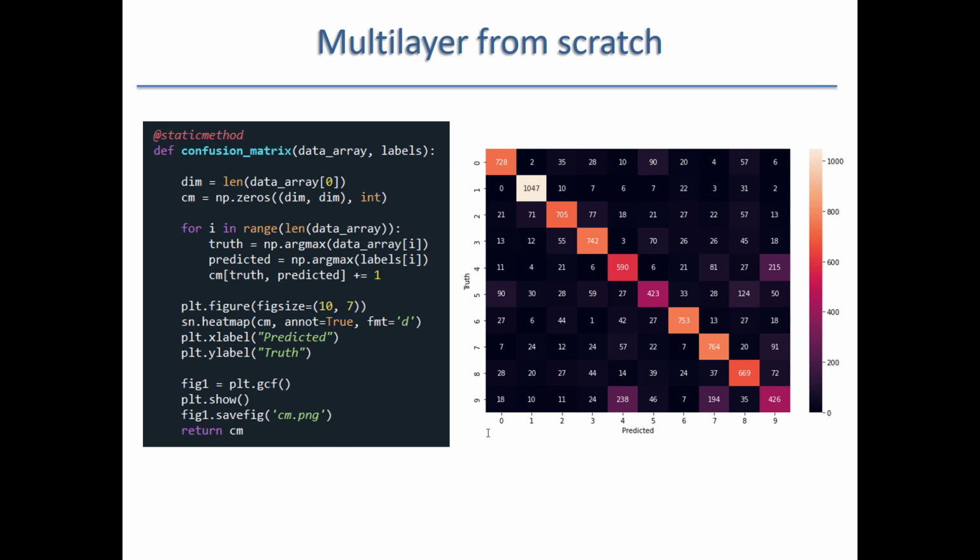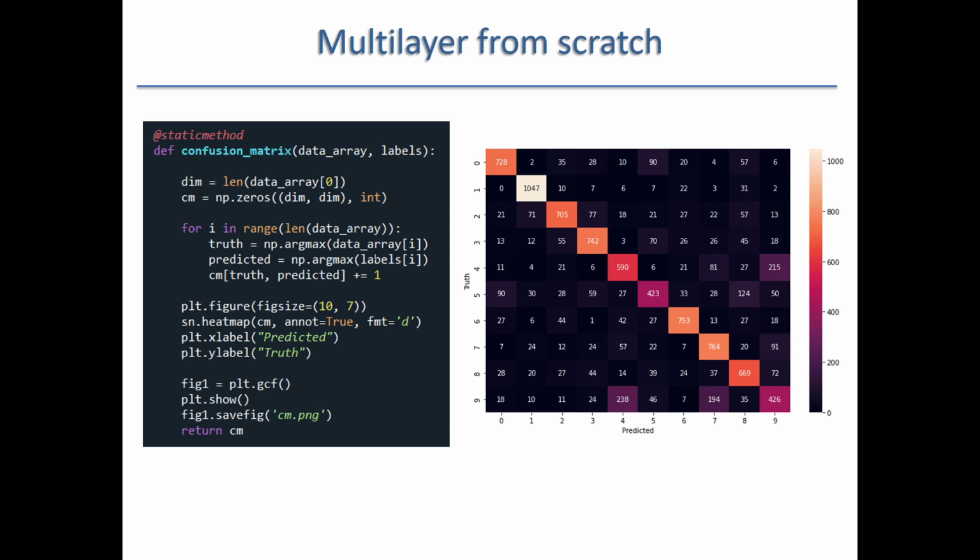We are using this one because we have 10 different classes. We have what we want to predict, and what are the true values.